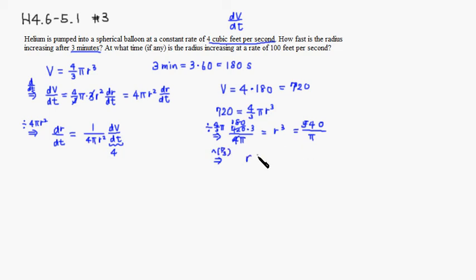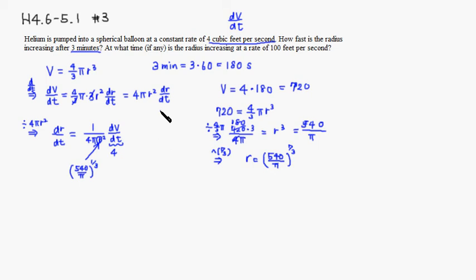So r is going to be 540 over pi, raised to the 1/3 power. So finally we found r. This r right here is 540 over pi to the 1/3 power.